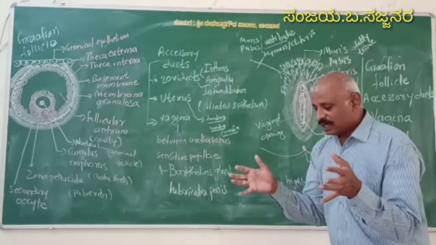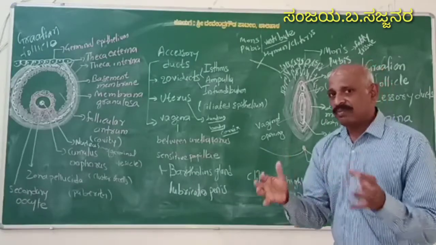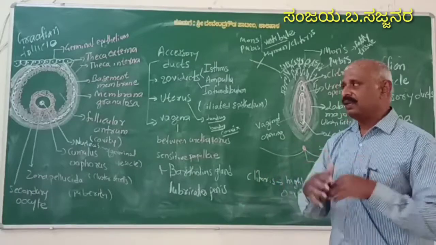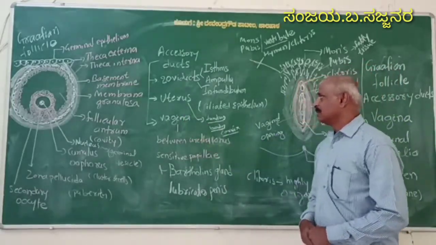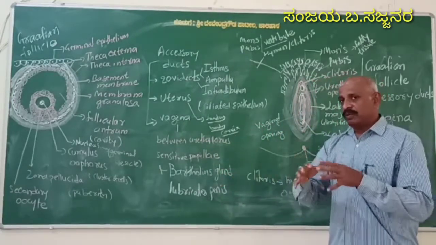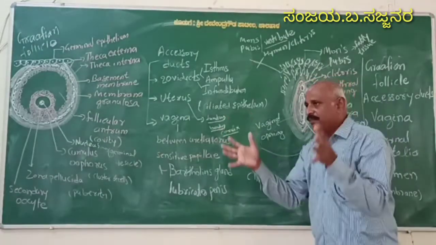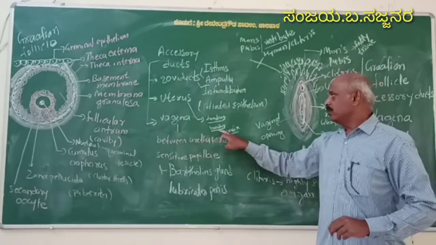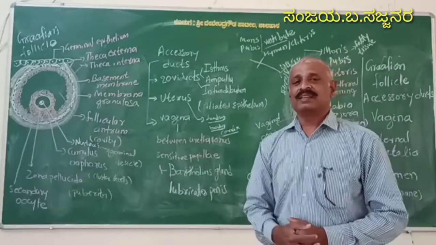The next one is the central cavity of the female reproductive system. As you know, the baby grows in this cavity, which we call the uterus. The uterus is divided: the upper part is the fundus, the mid portion is the body, and the lower portion is the cervix, the neck, with the cervical canal.